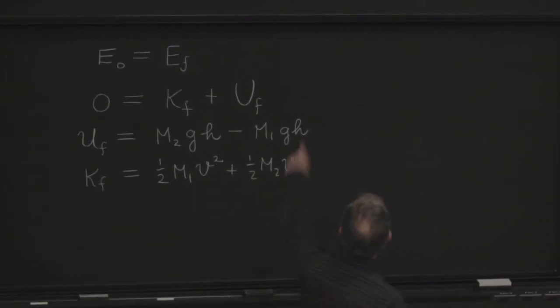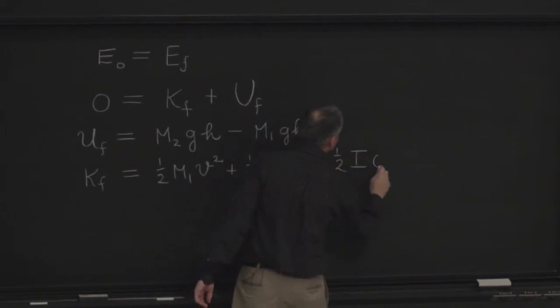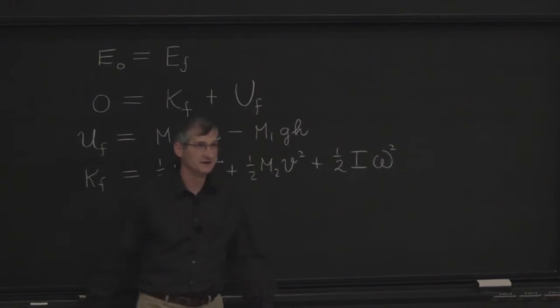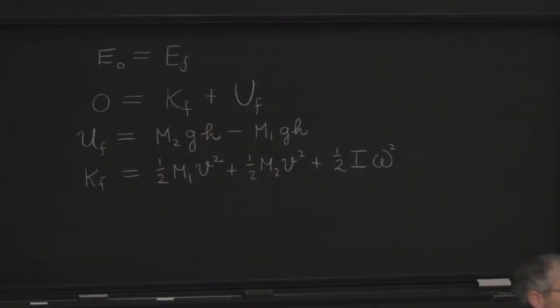So it should be up there, right? We have 1/2 I omega squared. Do we know what the moment of inertia of the pulley is?